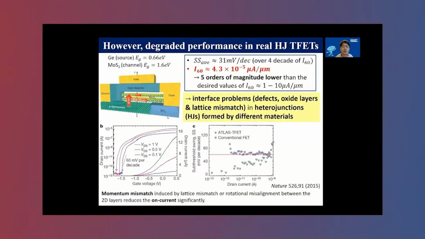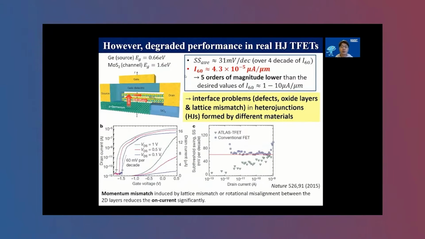According to this theoretical expectation, in 2015, there was a report that a heterojunction TFET was demonstrated with bilayer MoS2 and germanium. Germanium has a band gap of 0.66 eV, and MoS2 has a band gap of 1.6 eV. In this heterojunction TFET, they demonstrated a subthreshold swing below 60 millivolts per decade over 4 decades of current, which is quite a wide range of current.